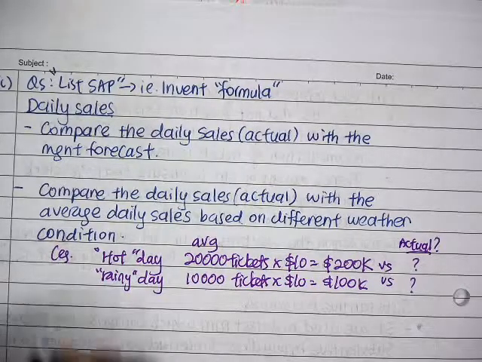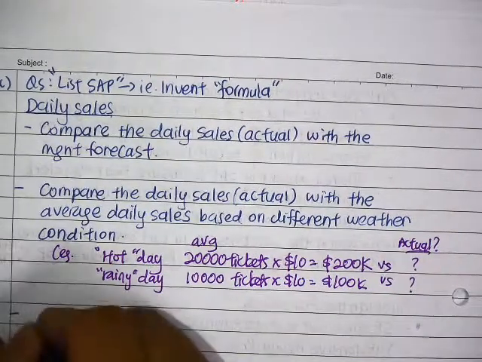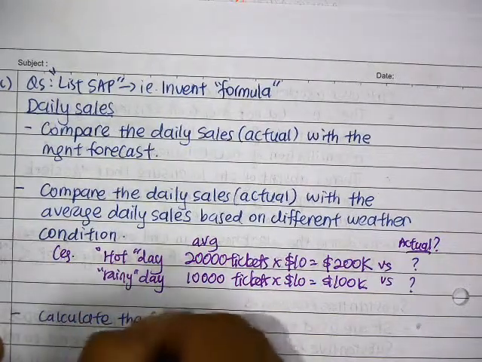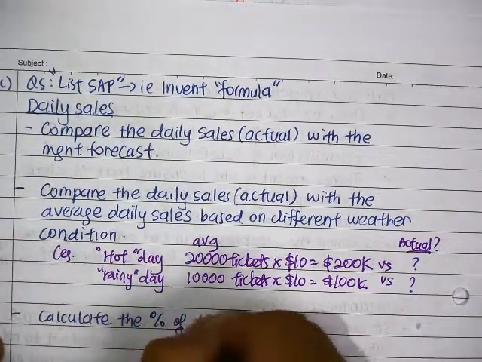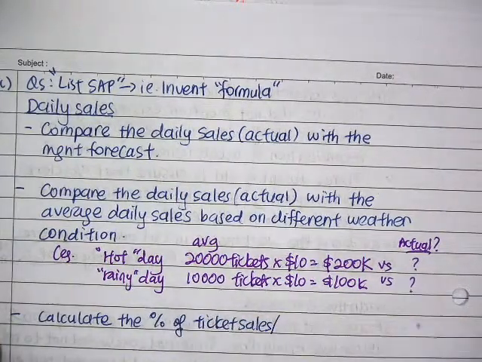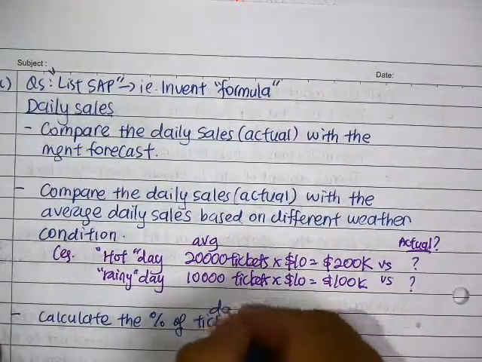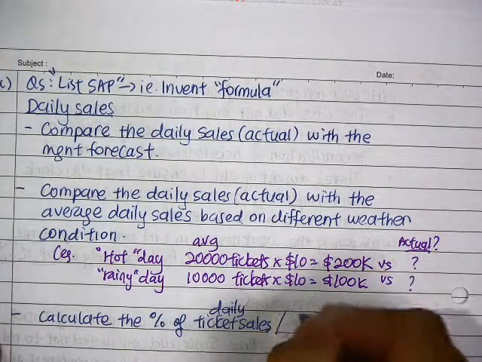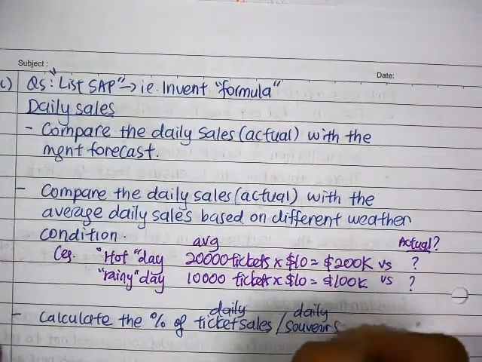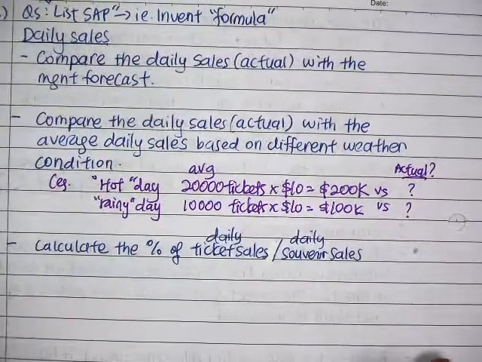Okay, now we can also look at correlation. Now we can calculate the percentage of, let's say, daily ticket sales over daily souvenir sales.